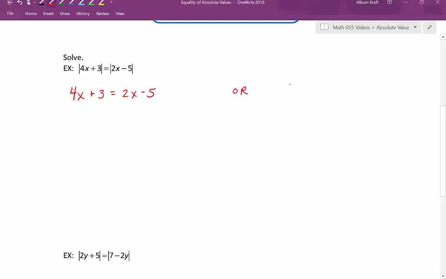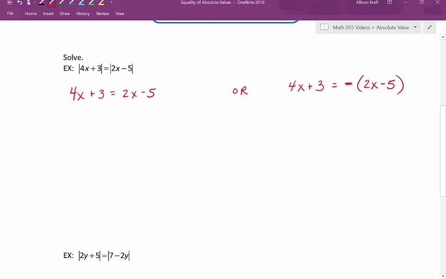The way that we'll write that is you write one of the insides exactly the way they are, and then for the other one, we're going to distribute a negative through. So I'm going to write negative parentheses 2x minus 5. Now let's solve each equation.